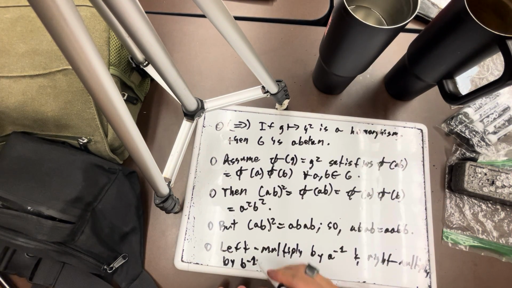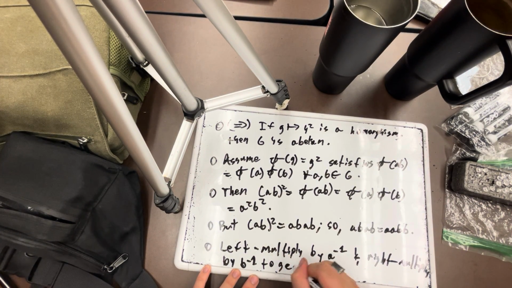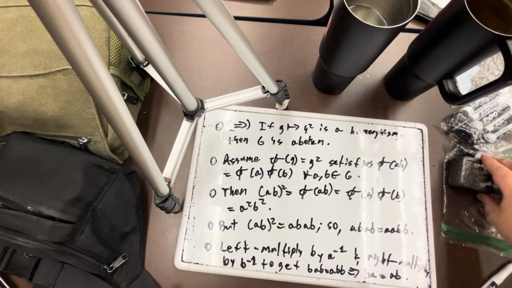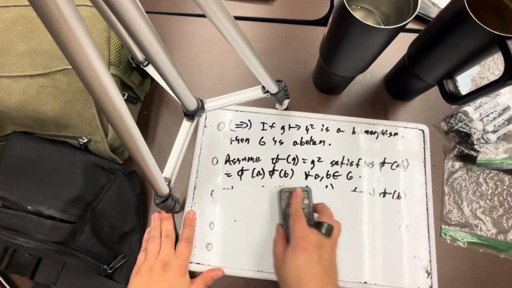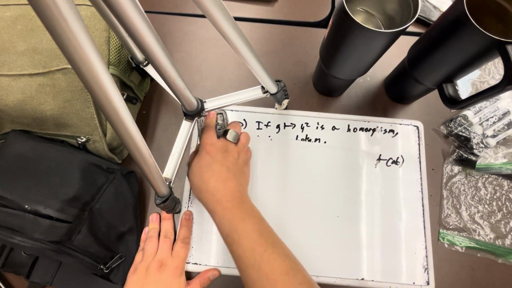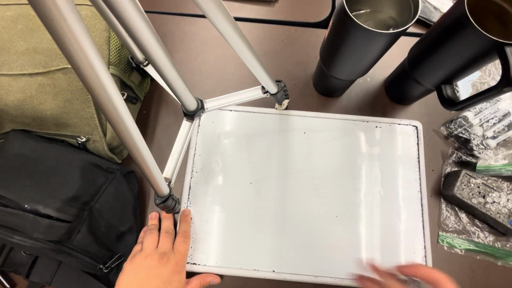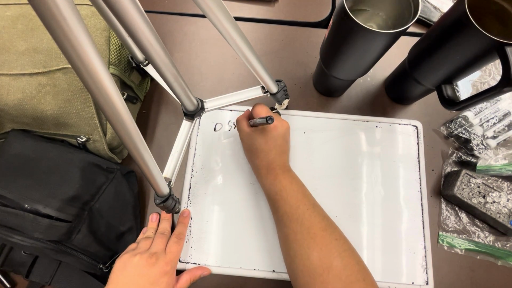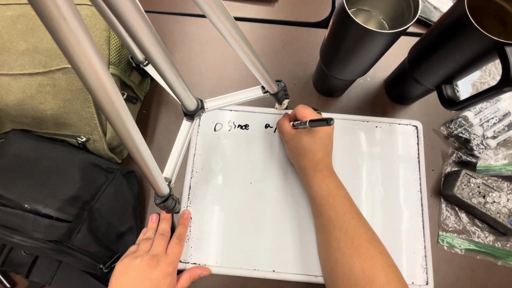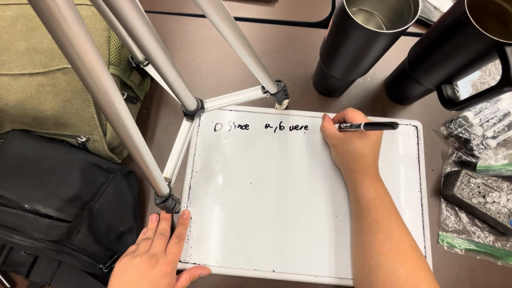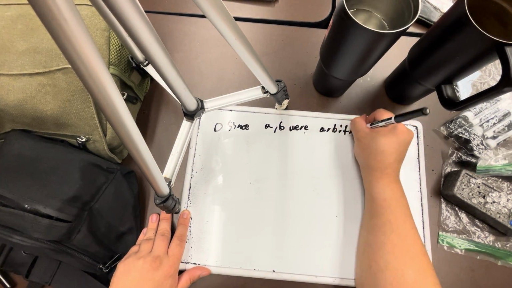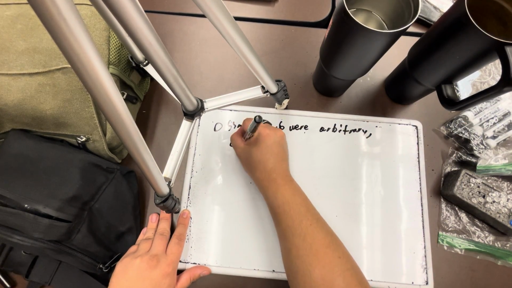Well, to get bab is equal to abba, which we take that and we get ba is equal to ab. Now, let me erase the board so I can continue. Okay, so since a and b were arbitrary, G is abelian, right?